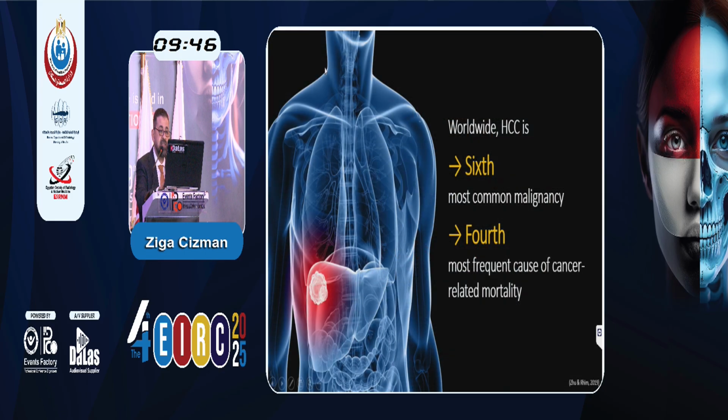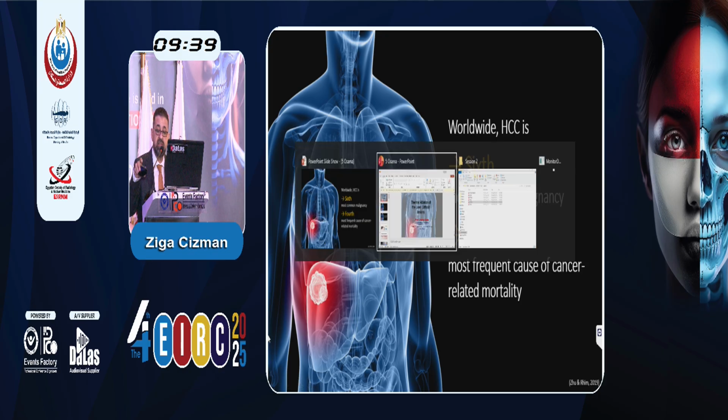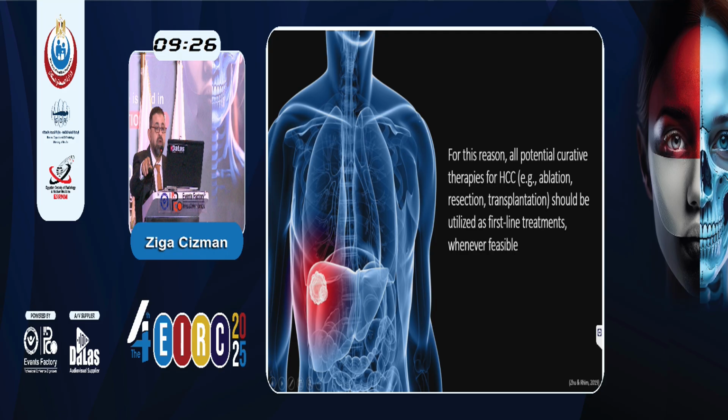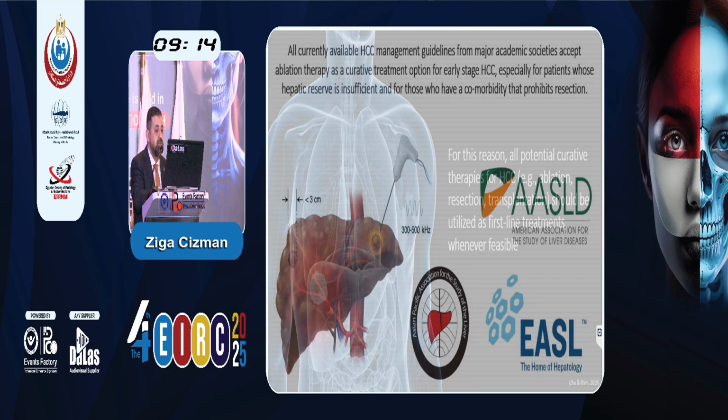So, HCC is the 6th malignancy worldwide and the 4th cause of malignancy-related mortality. For this reason, all potential curative therapies like ablation, transplantation, and resection should be utilized as first line of treatment whenever feasible.